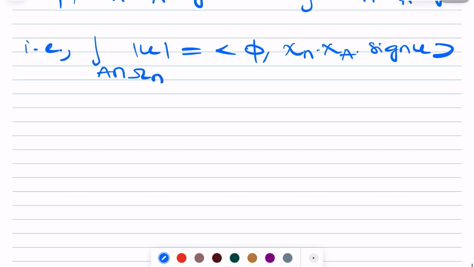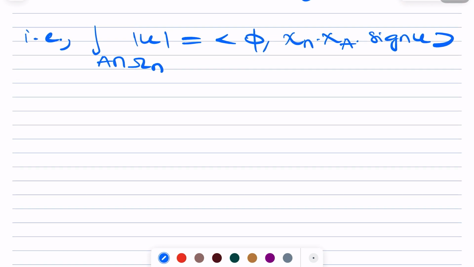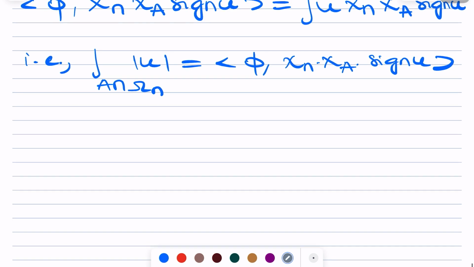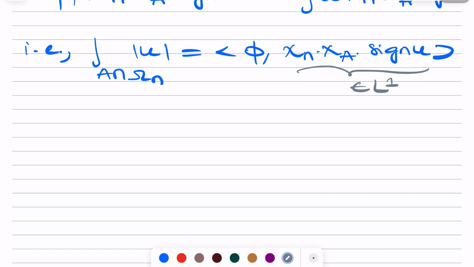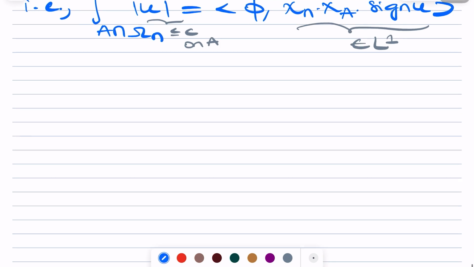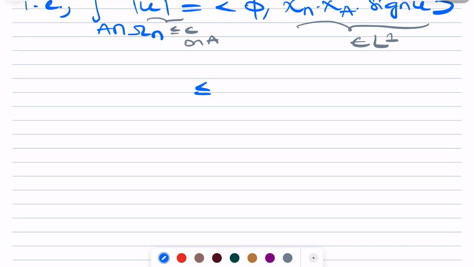Right, so now observe that this is obviously in L1, so this is well defined, and also this is less or equal than C on A. By definition, phi is a linear bounded operator, so this is less or equal than the operator norm times the measure, right?